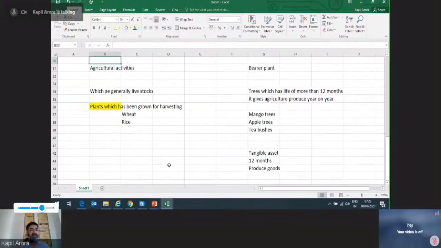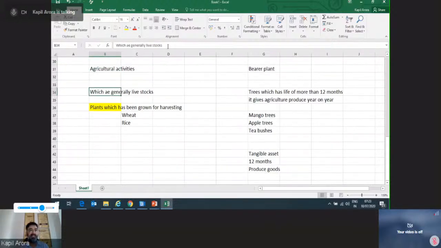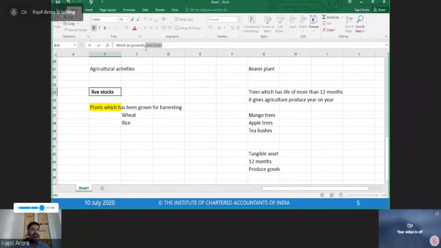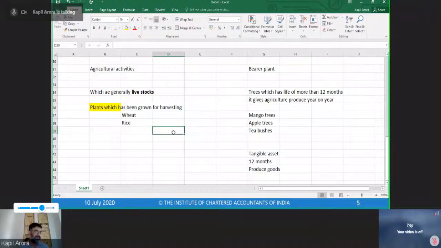Now you may ask why livestock is also not covered here. Livestock can also be part of this because they have a longer useful life. For example, cows will give milk. So that is again a produce. But they are not covered here.